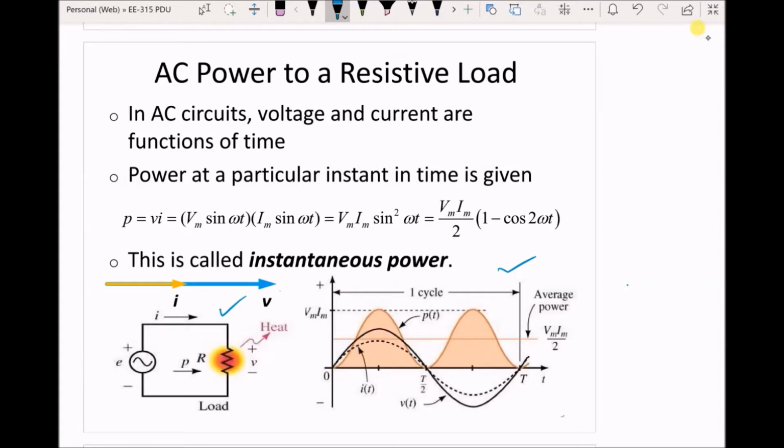So if this is the phasor, then the voltage and current are in phase, and the power calculated, which is this curve, is positive for both cases during one cycle. So the power stays positive for a resistive load.